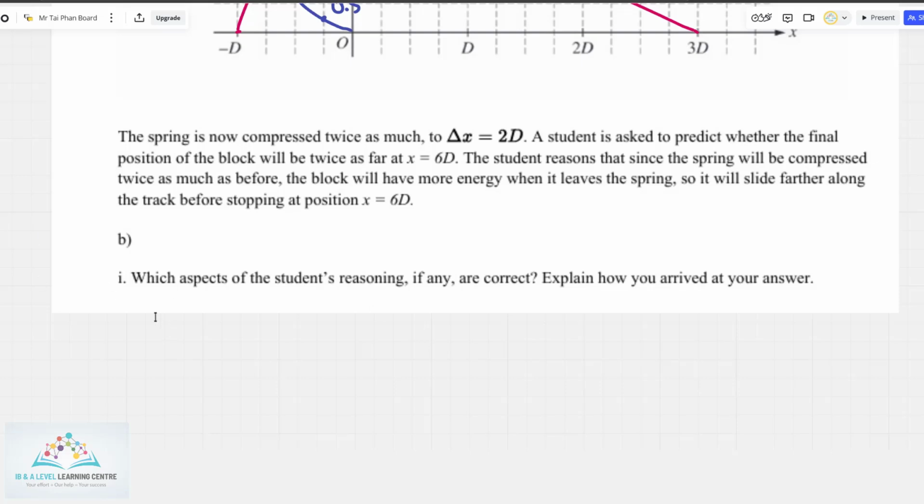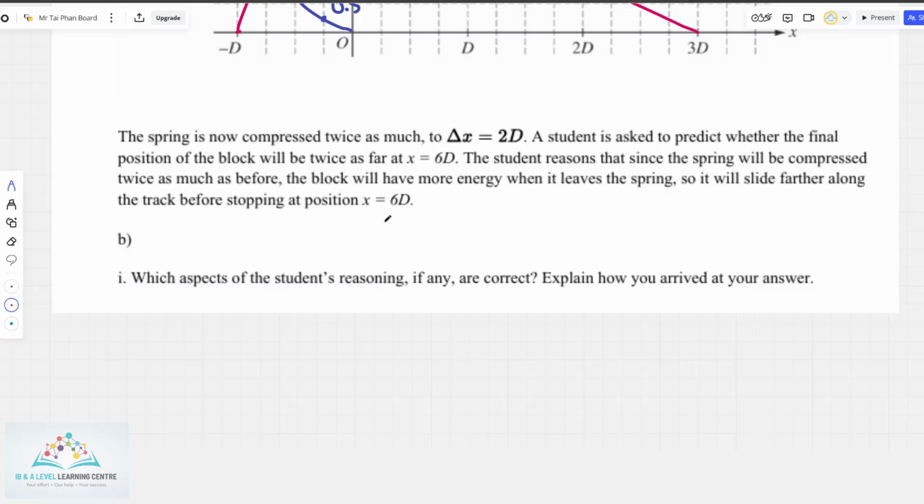He was partially correct, not totally correct. He is correct that the stopping distance will increase, but that stopping distance is not 6D. It will be 4 times 3D, which is 12D, not 6D.